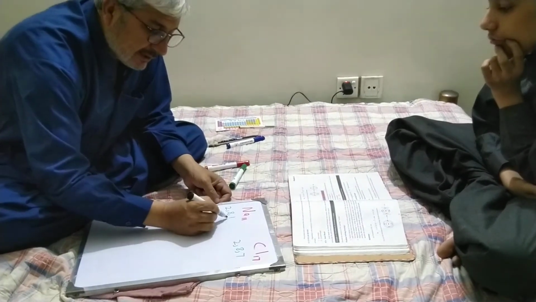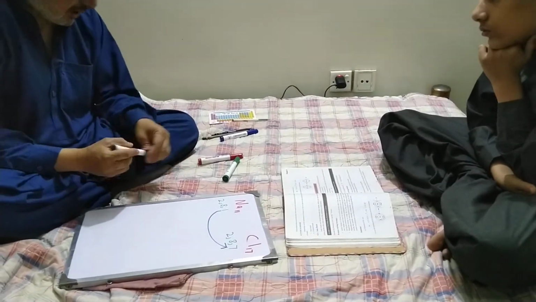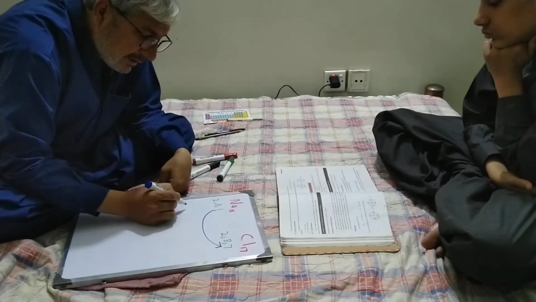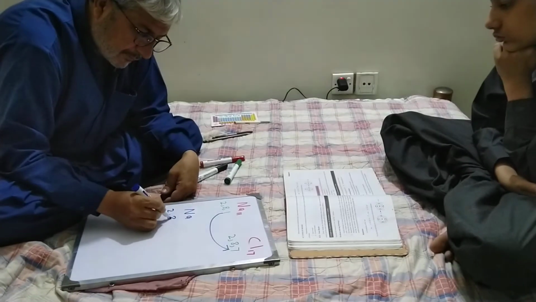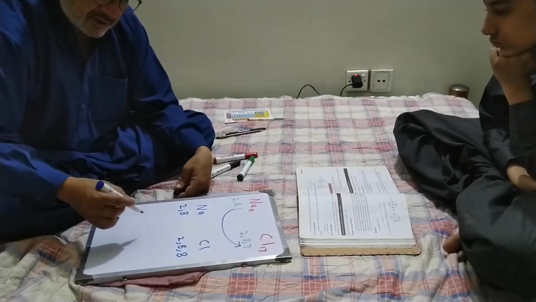So what happens is that sodium donates the electron to chlorine. Now, sodium will have electronic configuration of 2, 8 and chlorine will have electronic configuration of 2, 8, 8.